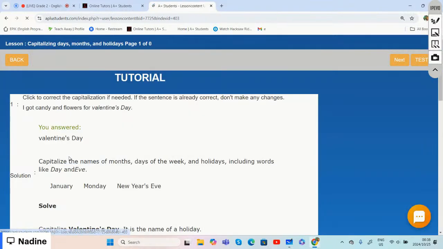All right, so now we're capitalizing days of the week, months of the year, and any other holidays. Remember, including if it's just day or eve. So we need to capitalize names of months, days of the week, and holidays, including words like day or eve. Here it says, I got candy and flowers for Valentine's Day. How are we going to write Valentine's Day?